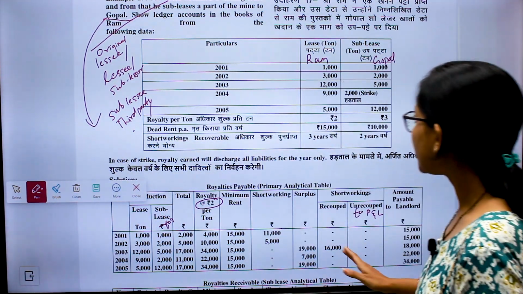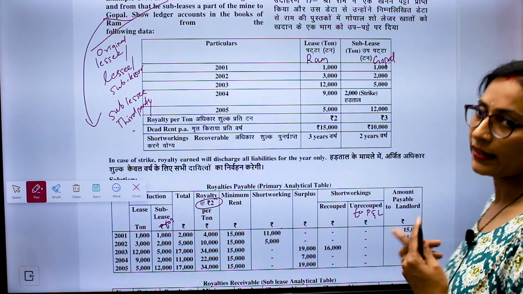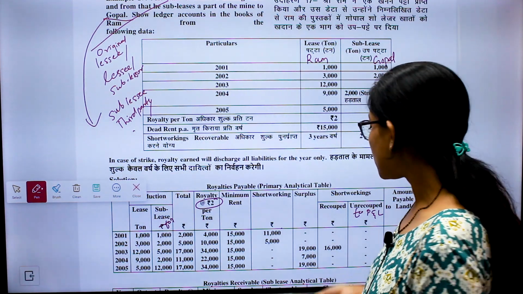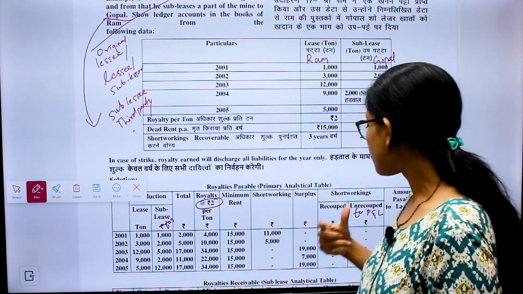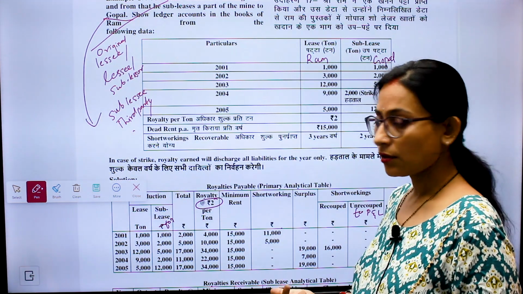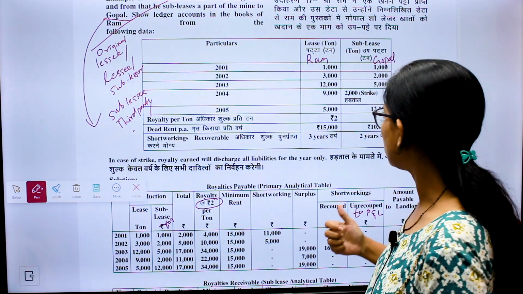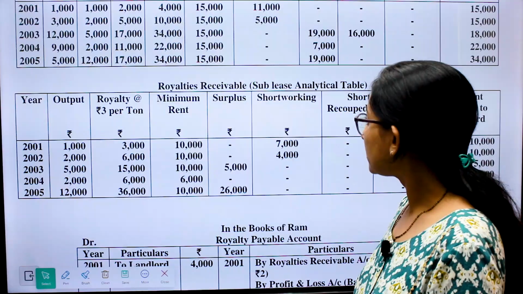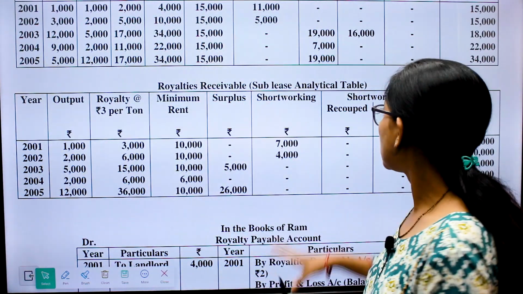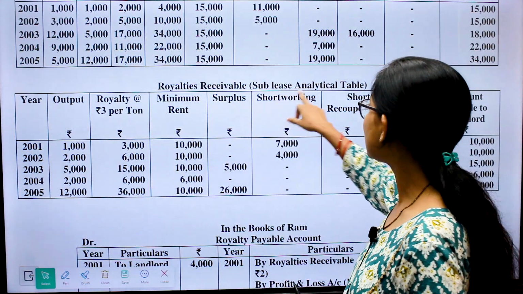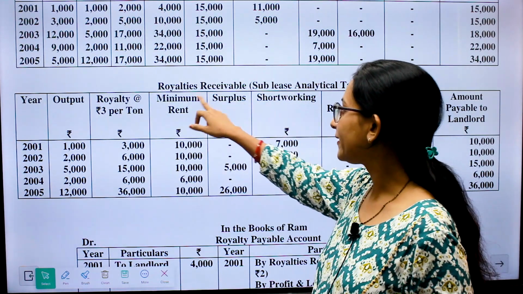After that we will prepare another analytical table, that is the sublease analytical table. We can call it the sublease analytical table as well as the royalty receivable analytical table. This is another table which we have to prepare in the case of a sublease.